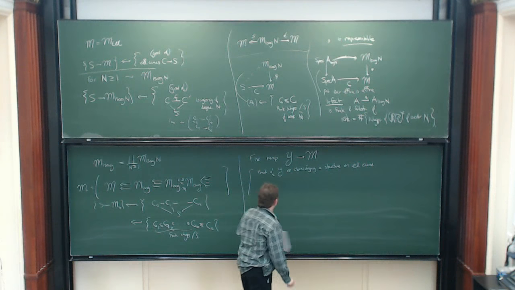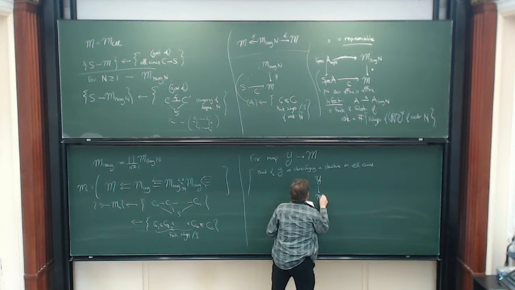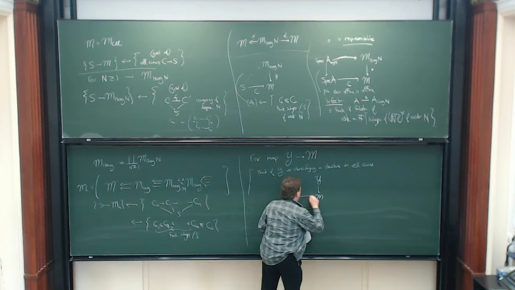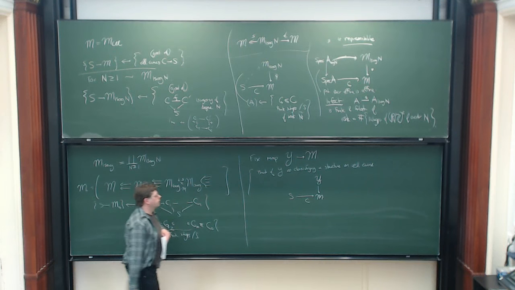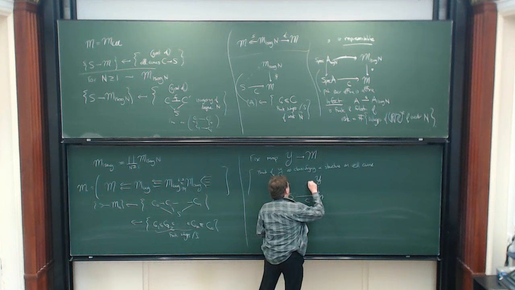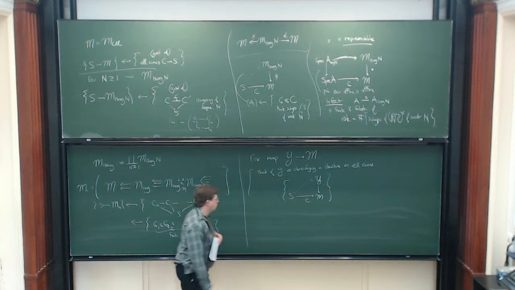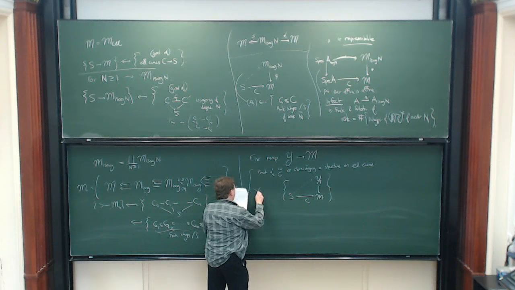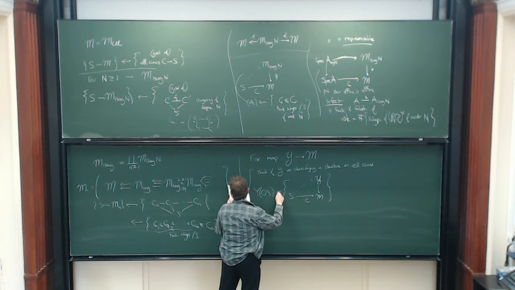So here's the picture. I fix my map, Y over M, and now let's consider an arbitrary elliptic curve over some base S. I call that curve C. It's classified by a map to M, and I can consider the collection of all lifts. That's actually a groupoid, and let's just call that capital Y(C/S).